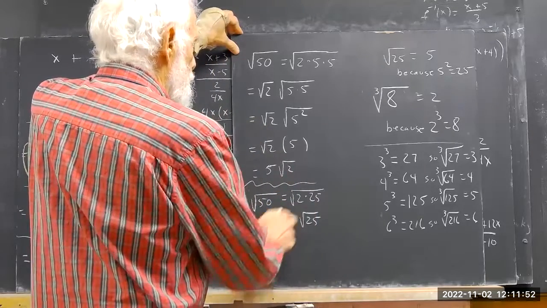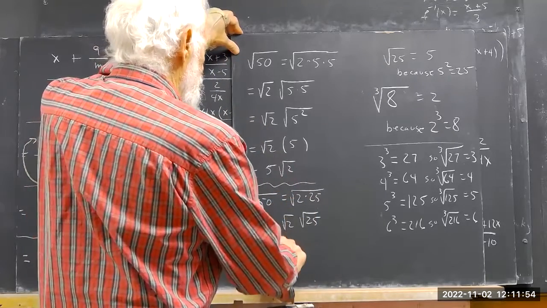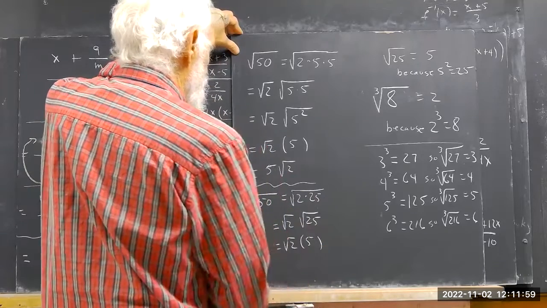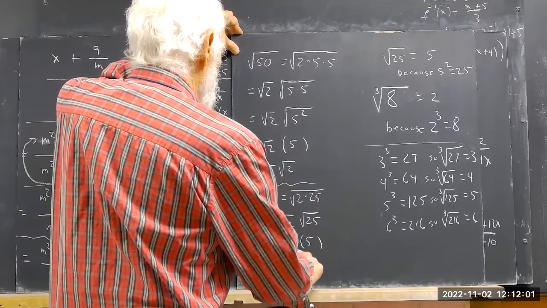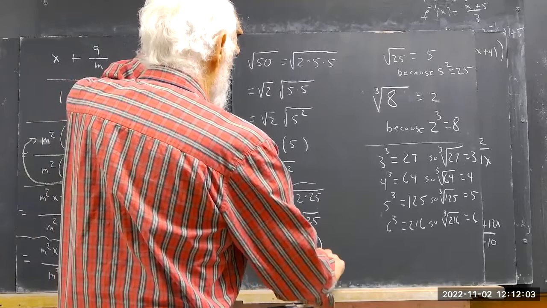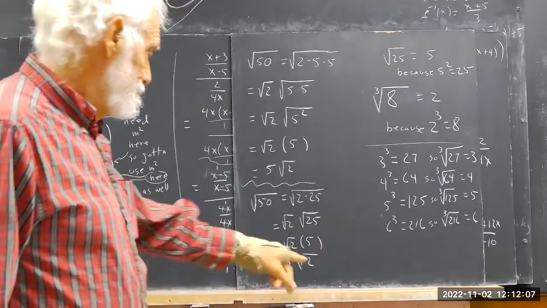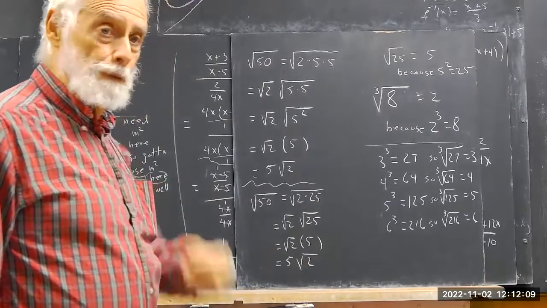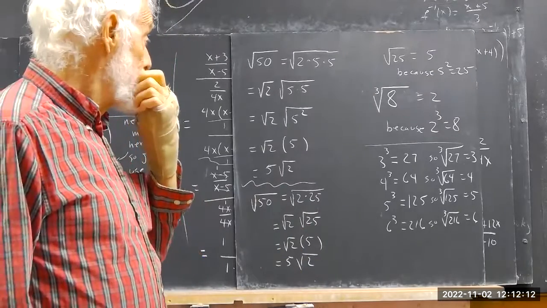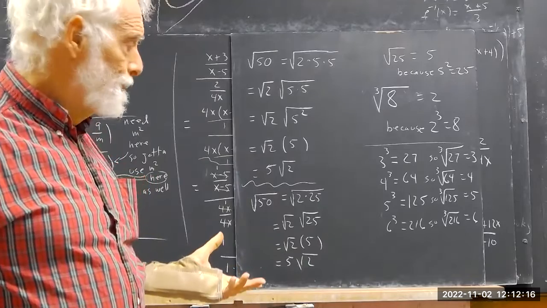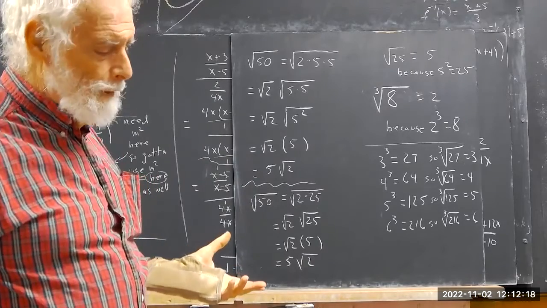Then the square root of 2 times 25 is the square root of 2 times the square root of 25, which is the square root of 2 times 5. And we usually write the number out in front and the square root next to it, to the right hand. Does that make sense? Yeah. Okay.